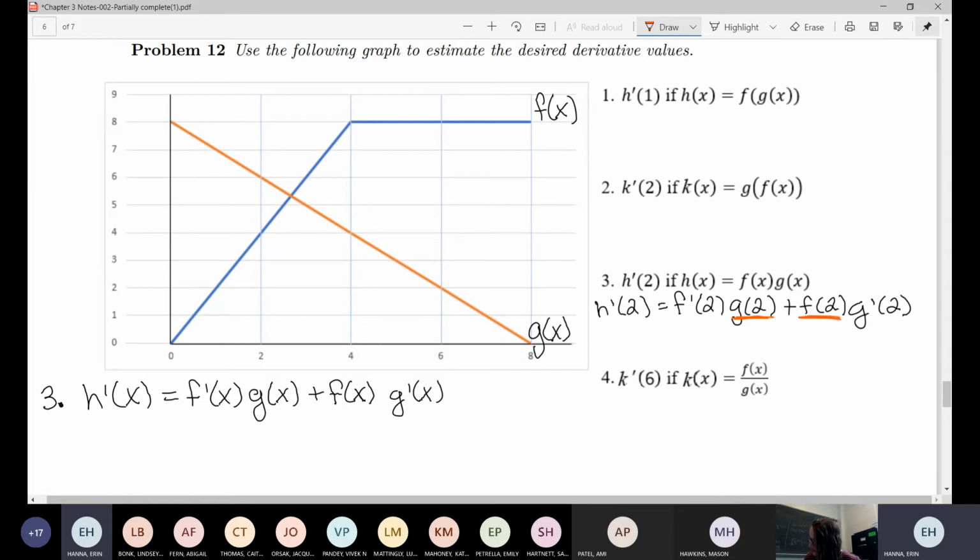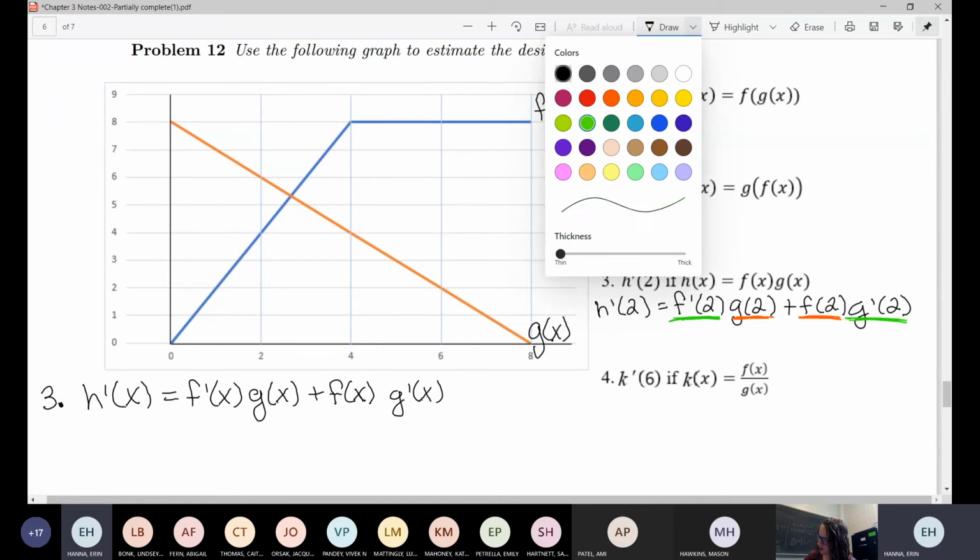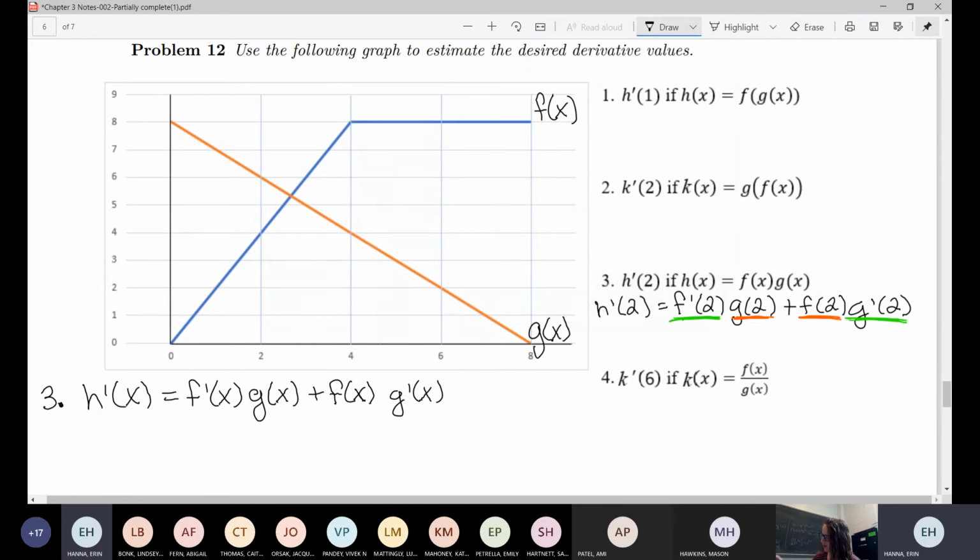We've got two things that are essentially the original functions, and then two things that are derivatives. On our graphs, if I want g of 2 or f of 2, that would just be these y values on the graph. So what is f of 2? f of 2 is 4.